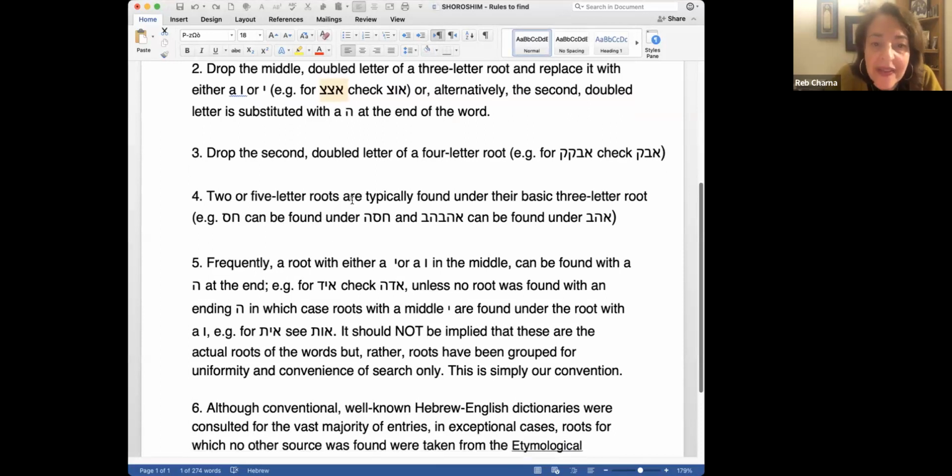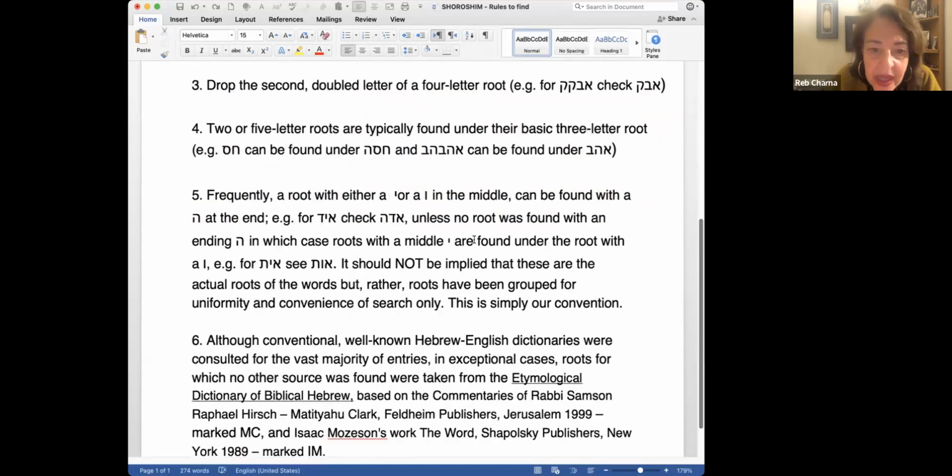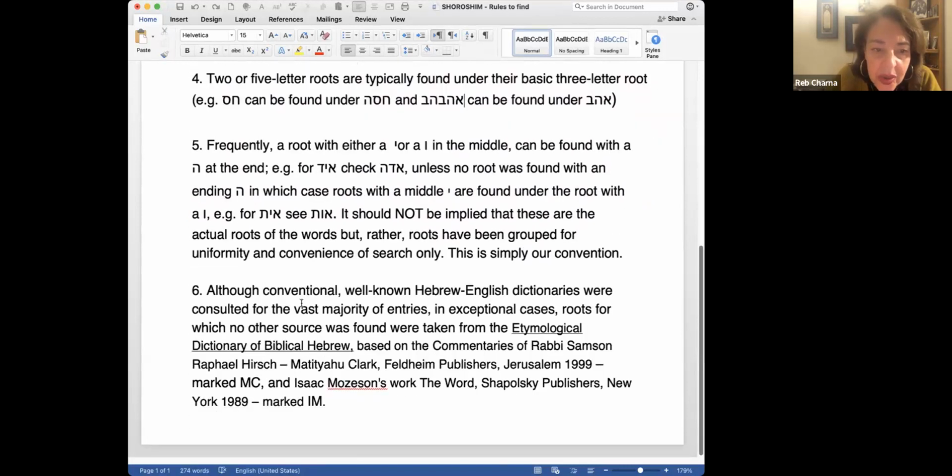Two or five letter roots are typically found under their basic three-letter root. So a word like this, this would be its root, or this is simply the ohev. I'm going to give this to you.